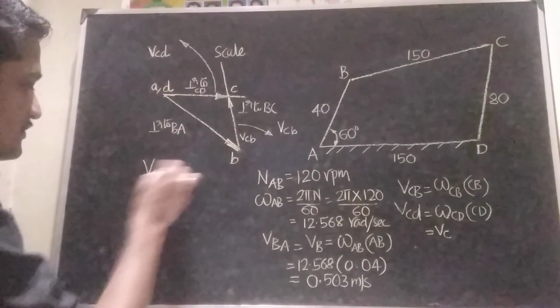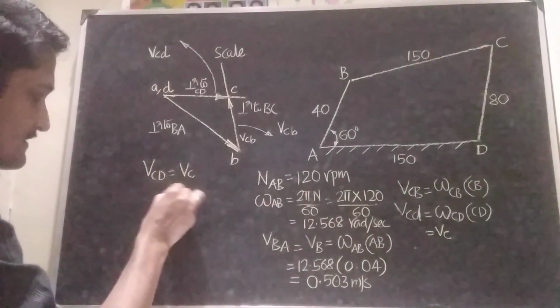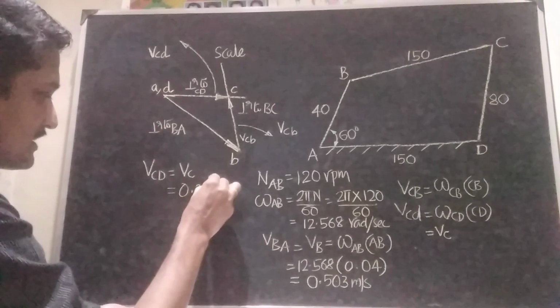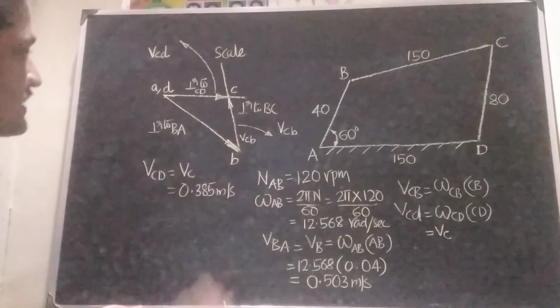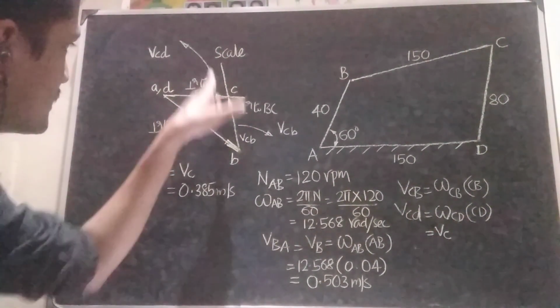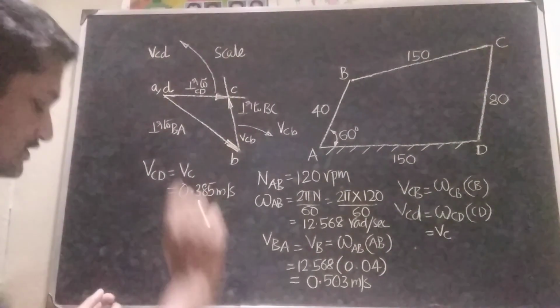VCD is equal to velocity of C with respect to D, which is the absolute velocity of C, and that is equal to 0.385 meter per second. First we measure this length and multiply it by that particular scale. Then VCD is equal to this.